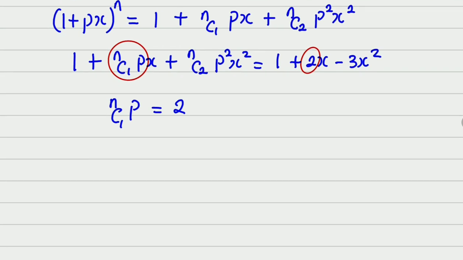The second is that the coefficient here must be equal to the coefficient of x squared here, so we can say n combination 2 times p squared is equal to minus 3.